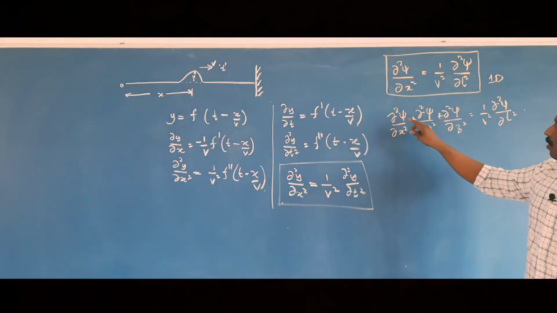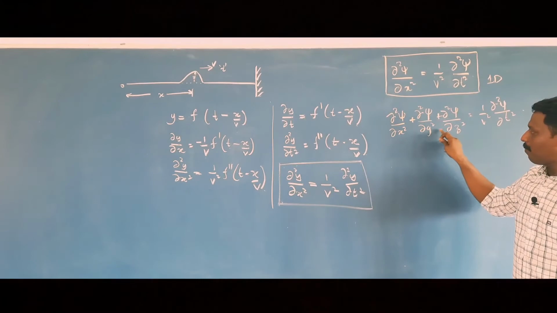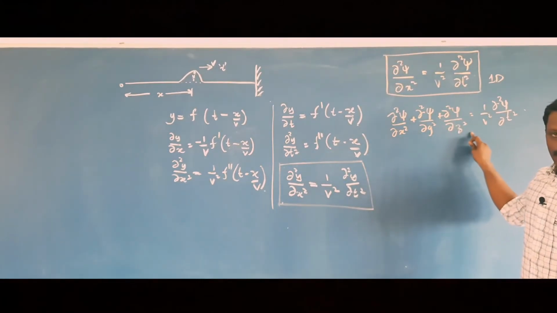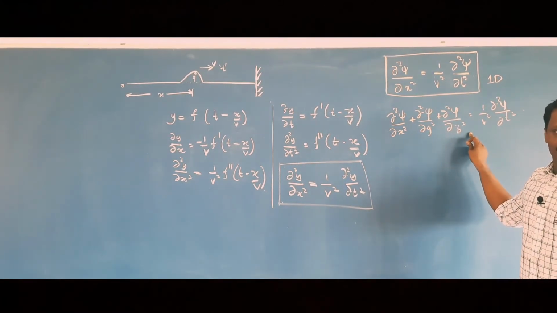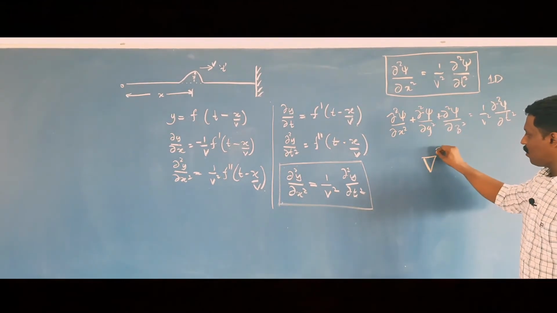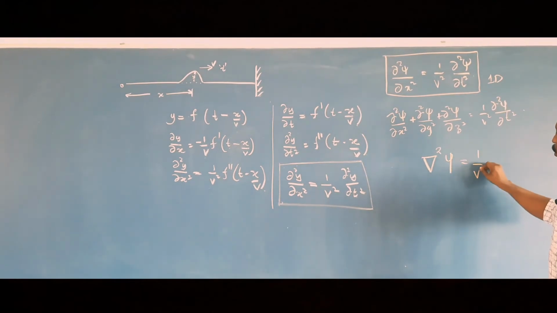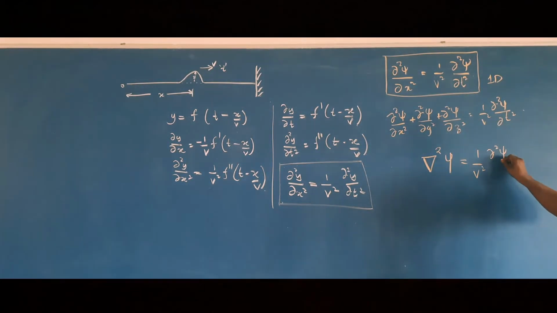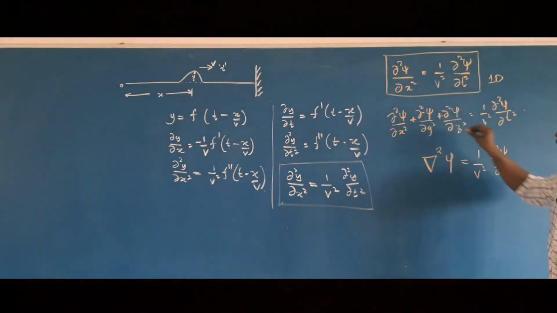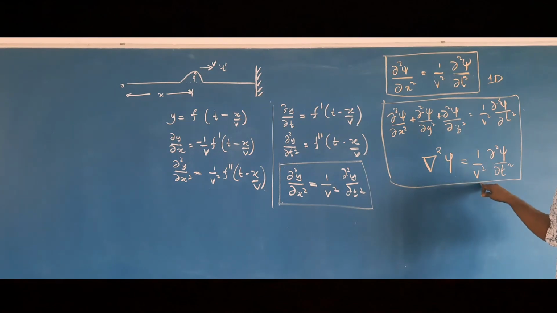Now, excluding xi, dou square by dou x square plus dou square by dou y square plus dou square by dou z square is del square, the del operator, also known as the Laplacian in mathematical terms. So, del square xi is equal to 1 by v square dou square xi by dou t square. So, this represents the differential equation of wave in 3 dimensions.